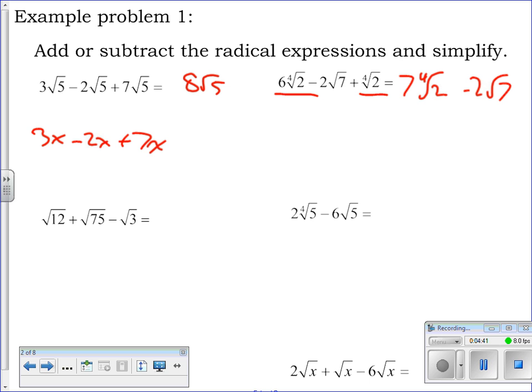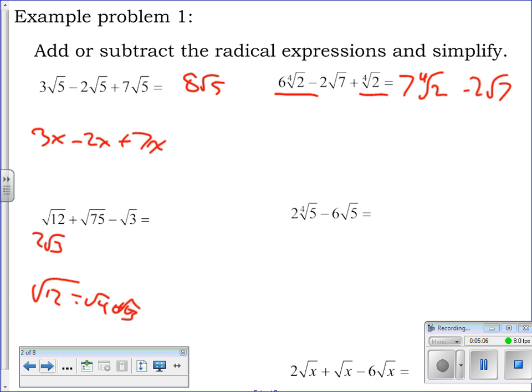Here's a hint on when you're doing this. I have one radical I cannot simplify at all. Root 3. Does 3 go into 12? Yeah. 4 times 3 is 12. So we've done this before. Square root of 12 is root 4 times root 3. So the square root of 12 is 2 root 3. Look, I've got a couple of like radicals.